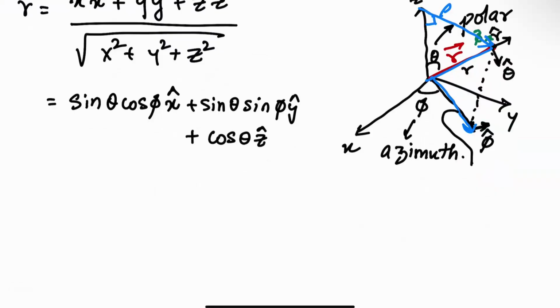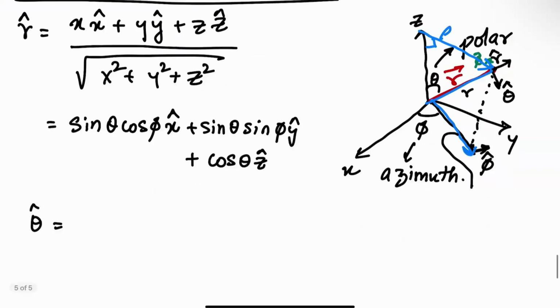Now comes a trickier part, which is theta hat. What's the intuition behind theta hat? When z is 0, which means this thing is lying on the xy plane, you can see that theta hat is pointing along minus z, because it's pointing away, normal to r and phi.